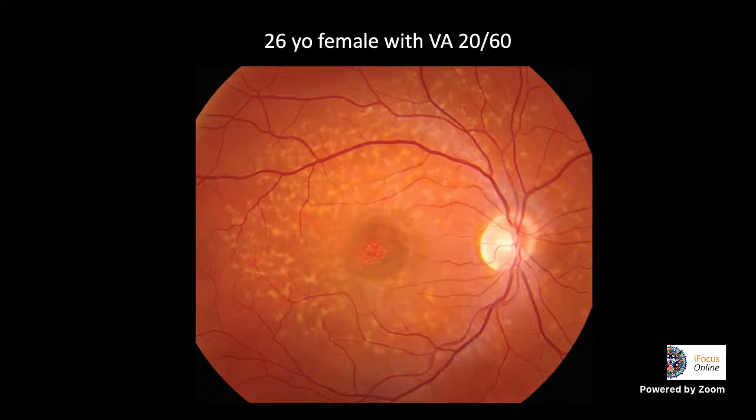The media is clear with 0.3 cup disc ratio. Macula showing pigmentation and hypopigmented patches involving the posterior pole.